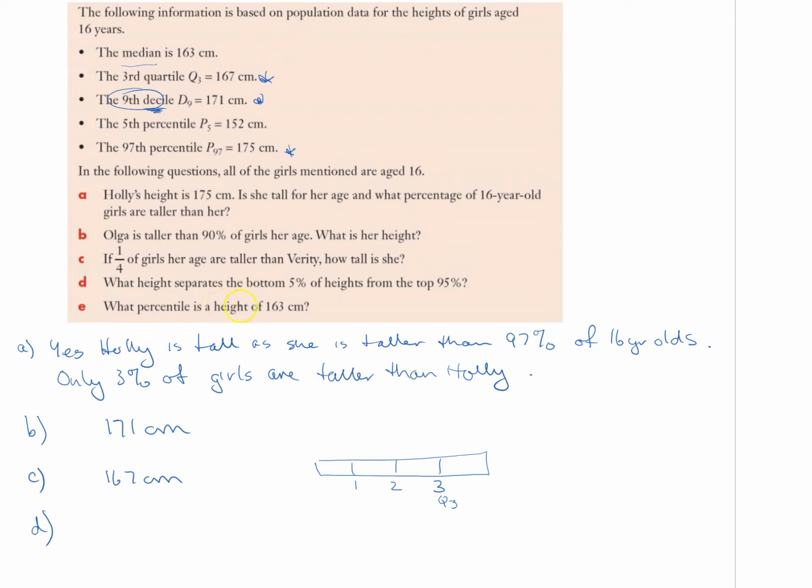D. What height separates the bottom 5% of heights from the top 95? So the bottom 5%, here we've got 90, the bottom 5%, the 5th percentile, so that's 152 centimetres. And finally, what percentile of height is a height of 163?